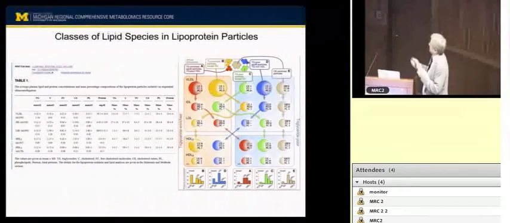So we know that reverse cholesterol transport happens with HDL particles, but depending upon what other kinds of lipids are in these particles, the capacity and the efficiency with which these particles are formed and transport cholesterol to the liver or to the kidney for disposal can be changed.